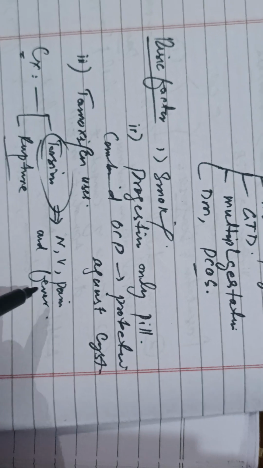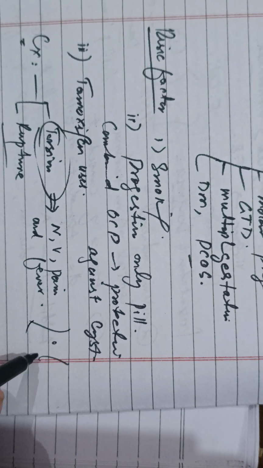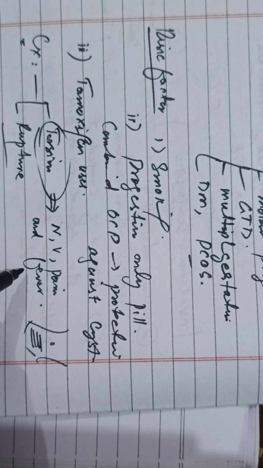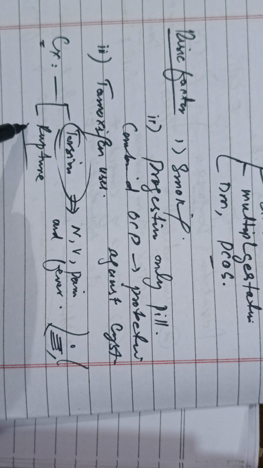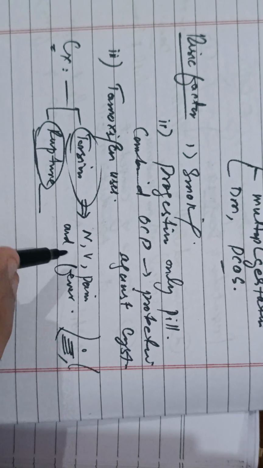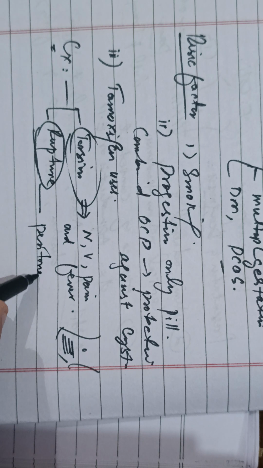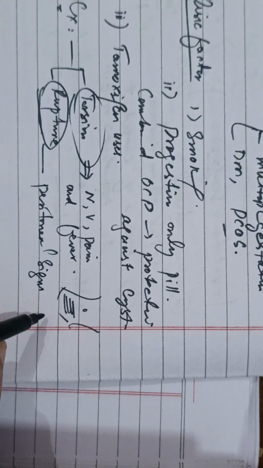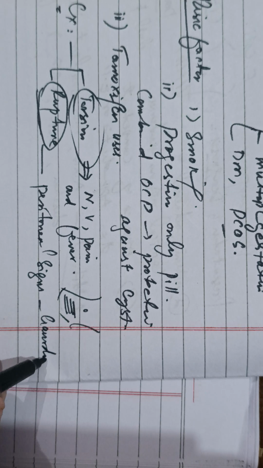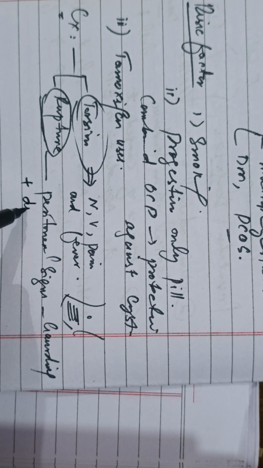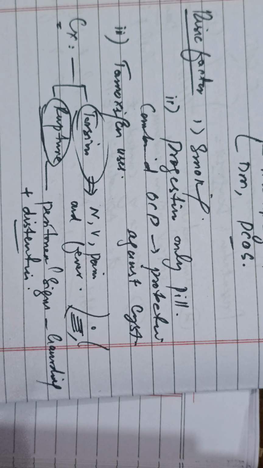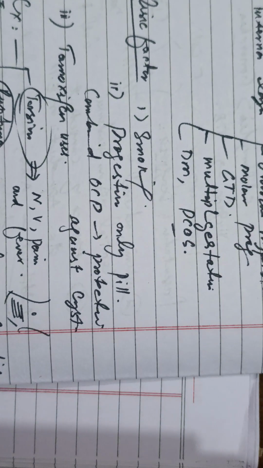You will suspect ovarian torsion, especially with lower abdominal pain with nausea, vomiting, and fever. And for rupture, there will be peritoneal signs like guarding and distension. So a female patient who in the past had ovarian cyst and now came with peritoneal signs like guarding and distension, you will suspect ovarian cyst rupture.